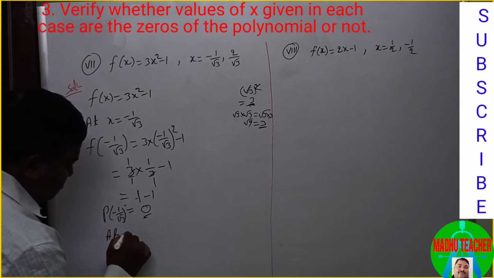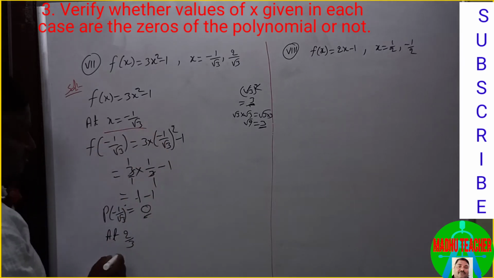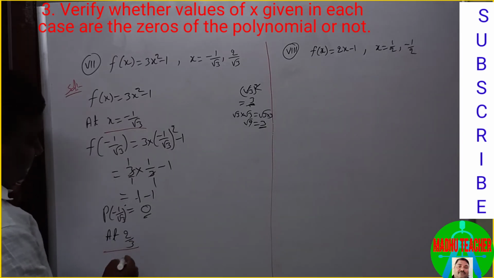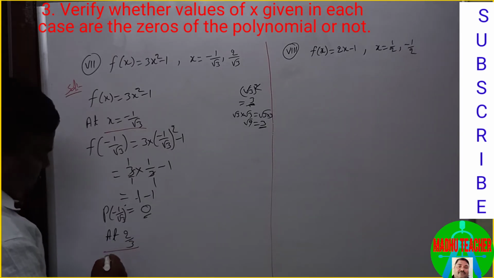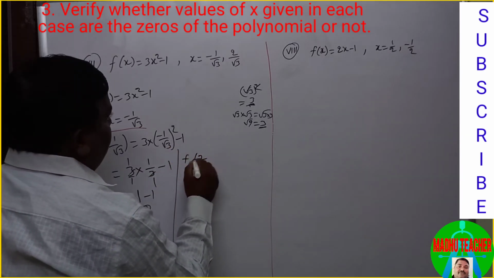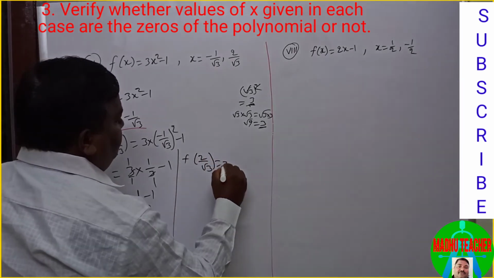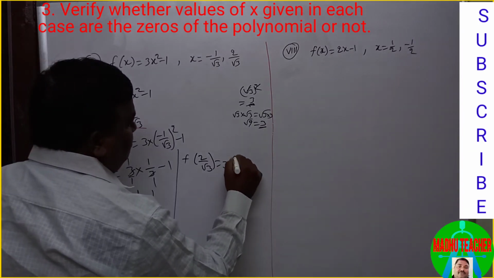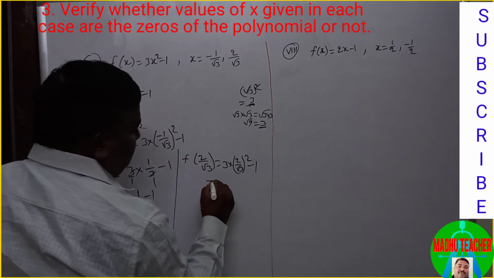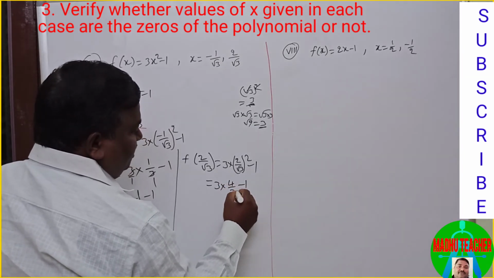Next one is at 2 by root 3. So this is at x equal to 2 by root 3. f of 2 by root 3 equals 3 into 2 by root 3 whole square minus 1. 3 into 2 square is 4, root 3 whole square is 3, minus 1.